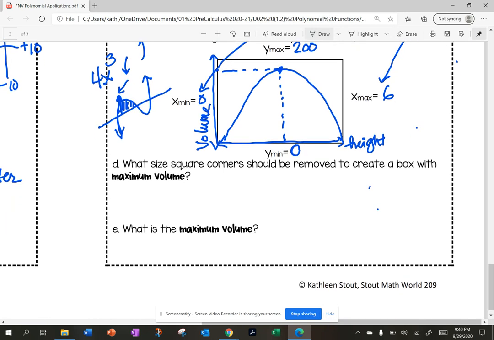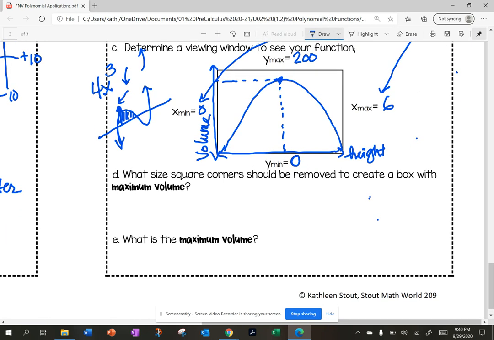So this is, what is the size of the square corners you should remove to create a box with the maximum volume? Again, I'm doing second trace, maximum, enter, enter, enter. This was asking me what is x equal. When I set it up, I found x equals 2.263 and y equals about 194.